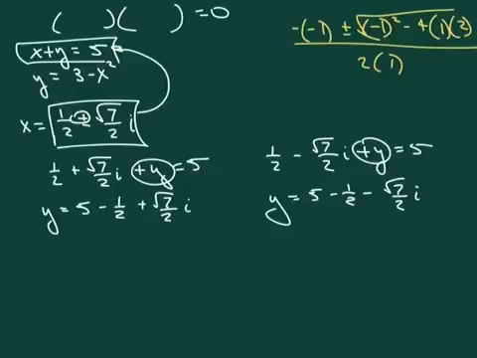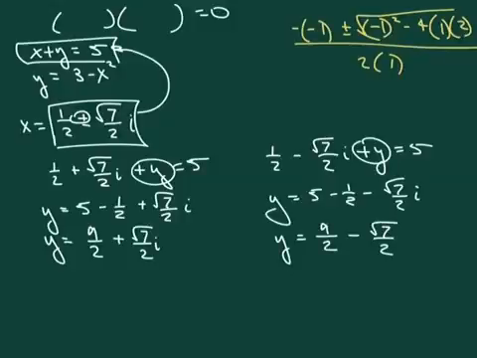Okay, so there's my 2. 5 minus 1/2 would be 4.5 or 9/2. I do not like mixed numbers, so I make them proper fractions. y equals 9/2 minus the square root of 7/2 i.